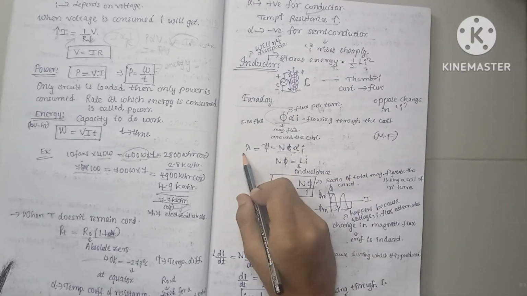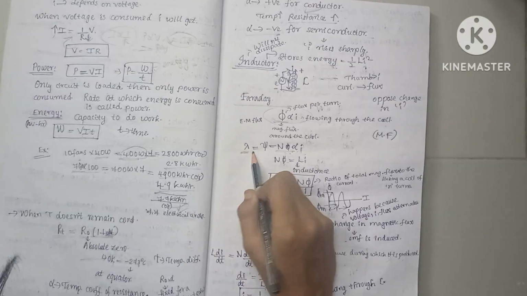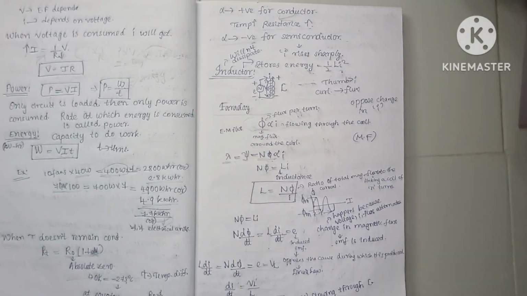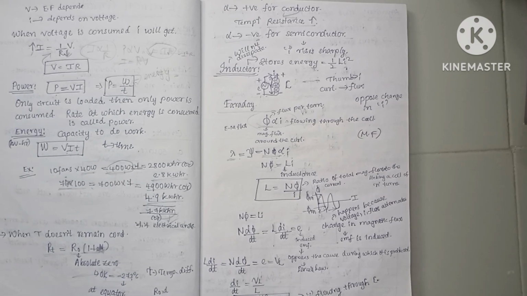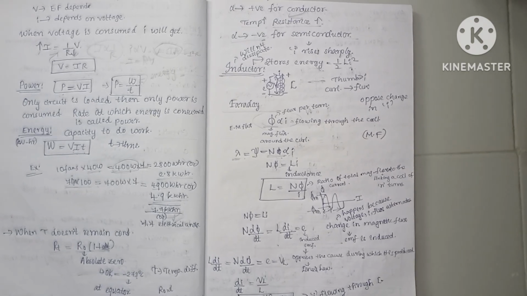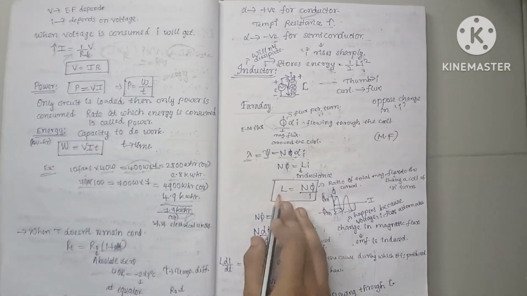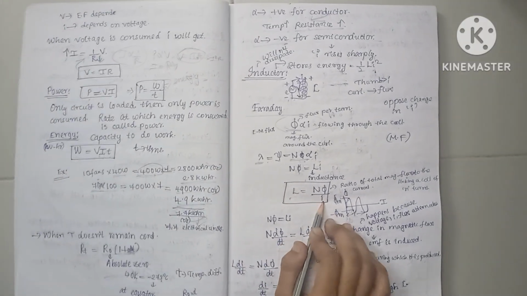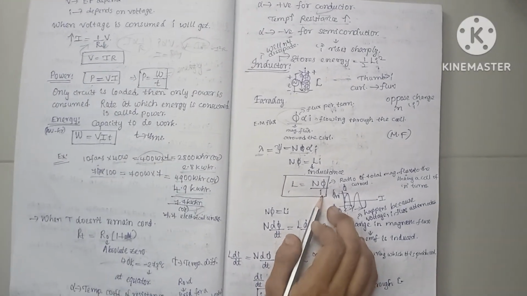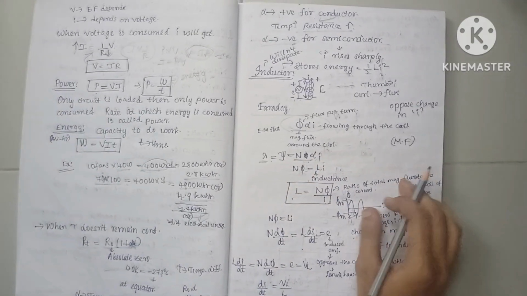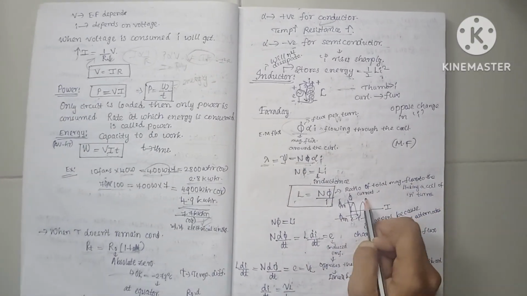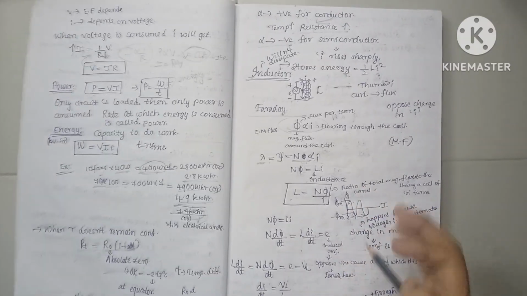Let us suppose this as lambda, and sometimes we often describe it with psi. Now N phi will be equal to L i. Here L is the inductance. From this you get the formula of inductance as L is equal to N phi by I. If you want to write it as a definition, the ratio of total magnetic flux to the current is said to be inductance.